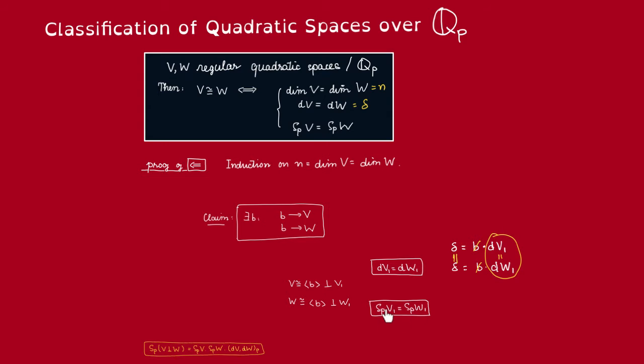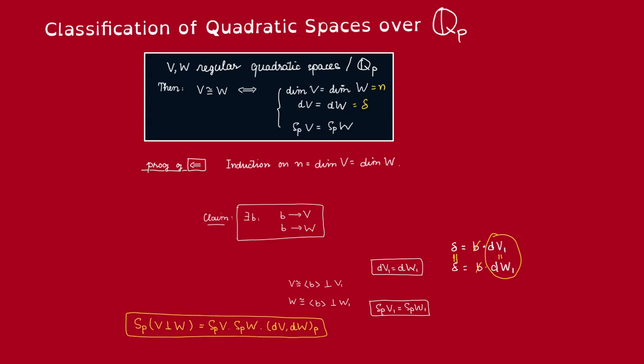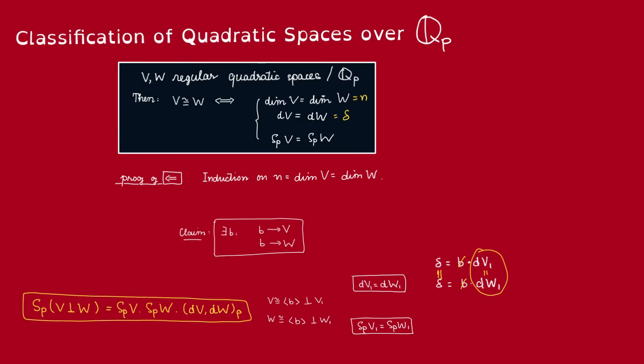Now, why are their Hasse symbols the same? Well, here we want to use the following formula for the Hasse symbol of an orthogonal decomposition. From this, we see that the Hasse symbol for V is going to be equal to the Hasse symbol for this space, times the Hasse symbol of V1, times this discriminant of V1.